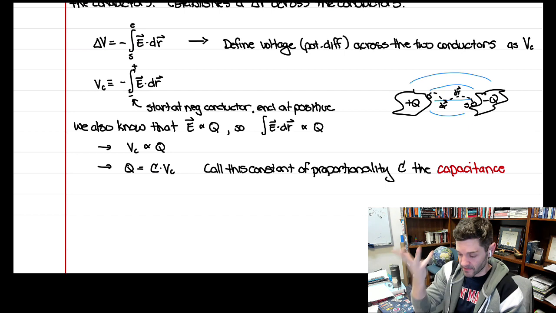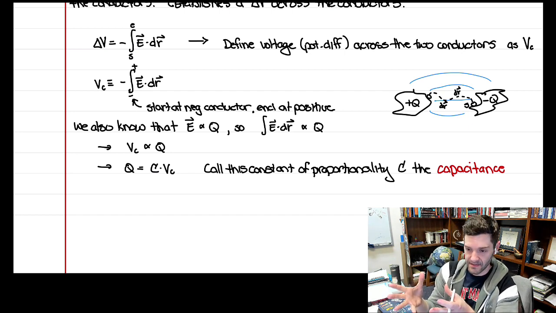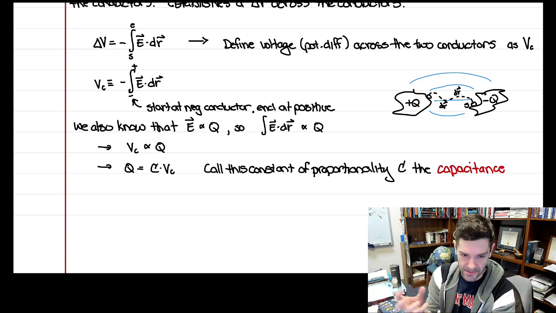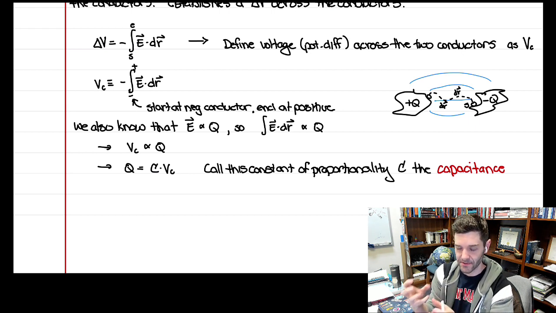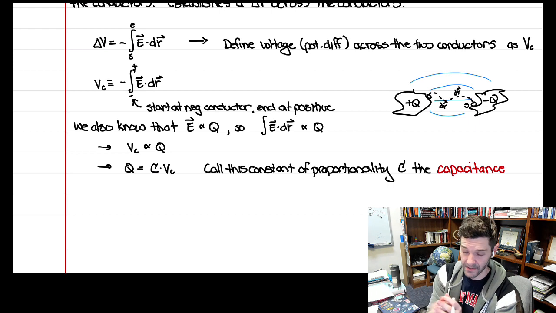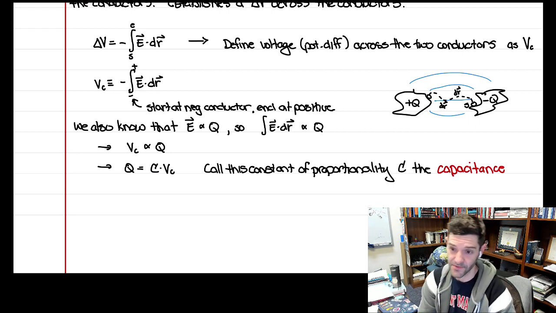And we will see that the capacitance depends only on geometry and properties of the material, right? It's a constant that will only depend on, say, how far apart the two conductors are, or the size of the conductors.